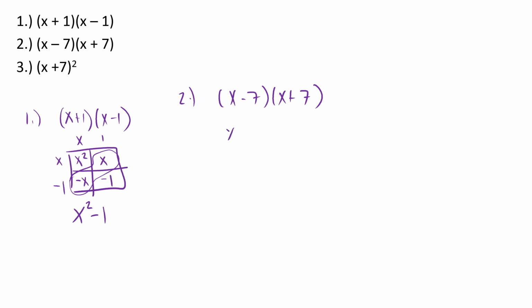So x times x would give you x squared, and then negative 7 times 7 would give you negative 49, and you don't need to do the other two boxes, okay? But if you feel like you're going to forget about those other boxes, like if it's not the conjugates, you know what, do them anyway.